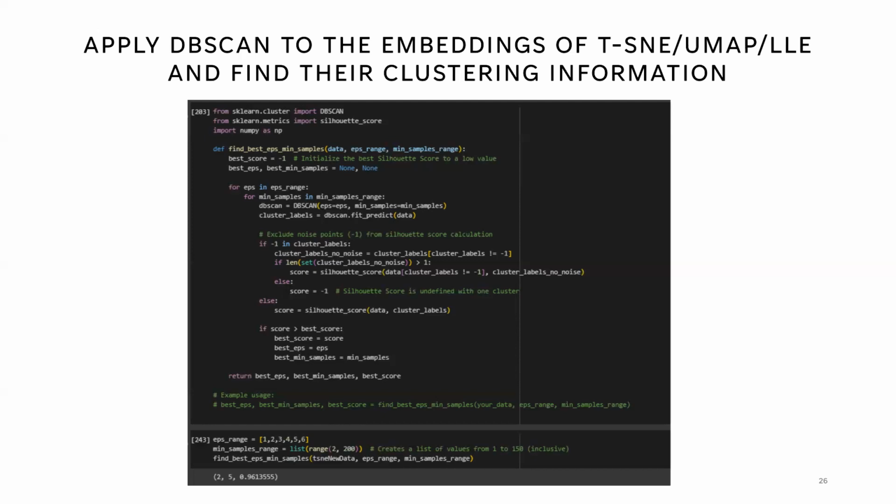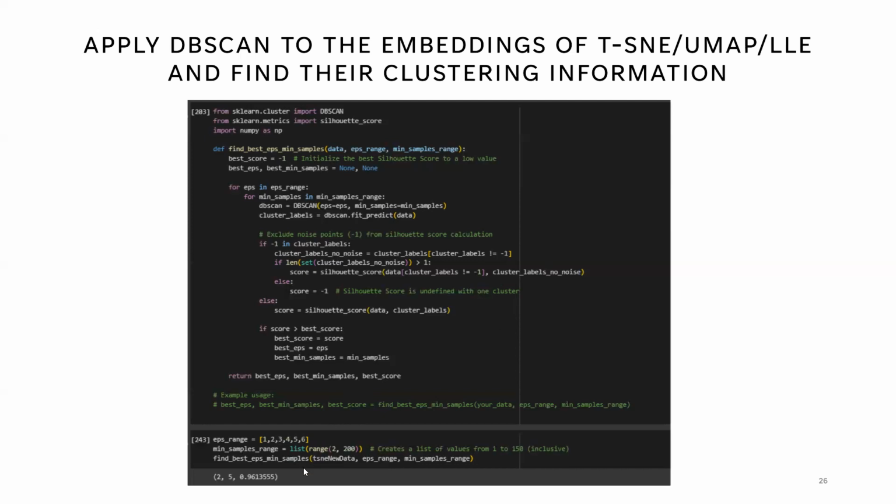In the clustering algorithm, it requires that we input the data, an EPS range, and a minimum samples range. Those are all inputted into the algorithm itself. I wasn't sure which values to use, so here's a custom function I wrote to test every possible combination of EPS ranges and min sample ranges. I did this for all of t-SNE, UMAP, and LLE.